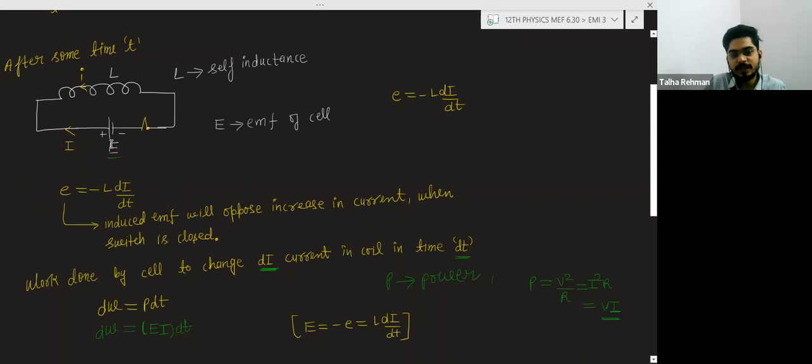Now we know that this EMF of the cell will be equal to the EMF induced by the inductor.